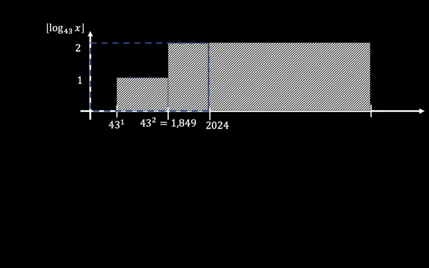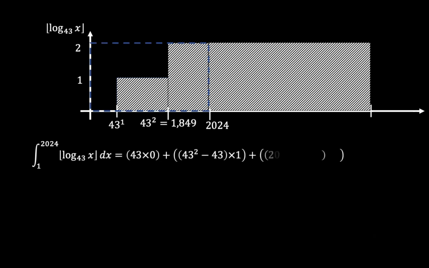So what does that mean? That the integral of the floor function of the log to the base 43 of x from x equals 1 to 2024 is going to be equal to this area here, which is 43 to the power 1, which is 43 times 0 because the height is 0.